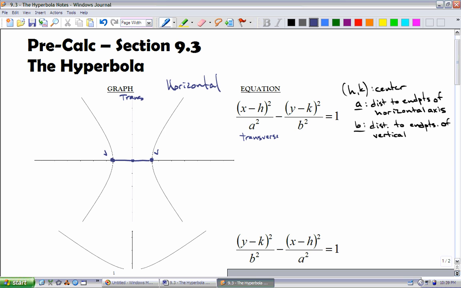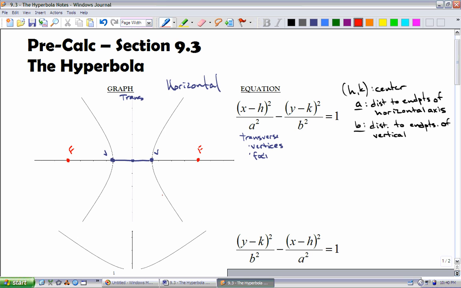Okay? Now, on that transverse axis, we'll have our vertices and actually our foci, which we'll get into what the foci tell us here in a minute. But the foci lie inside of the hyperbola, just like they lie inside a parabola.